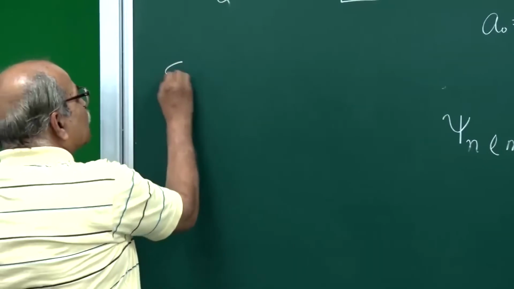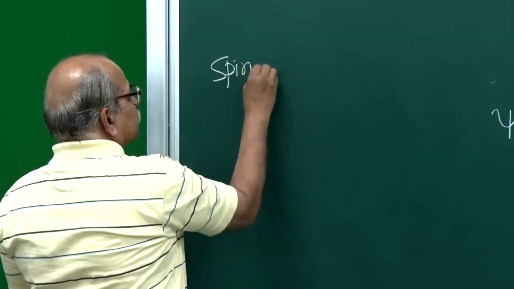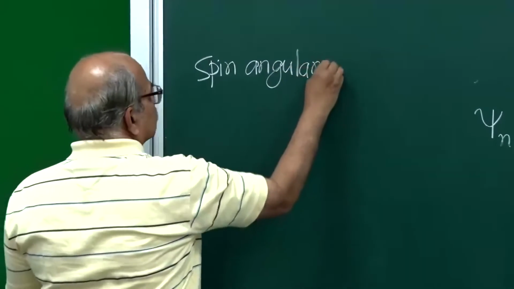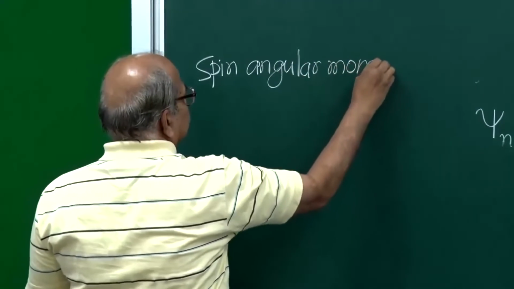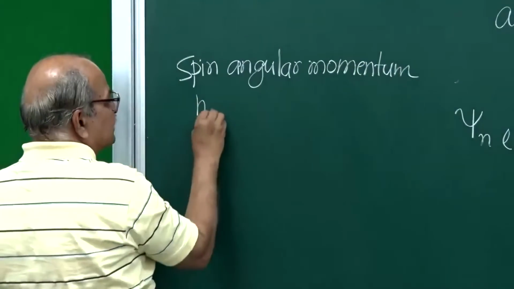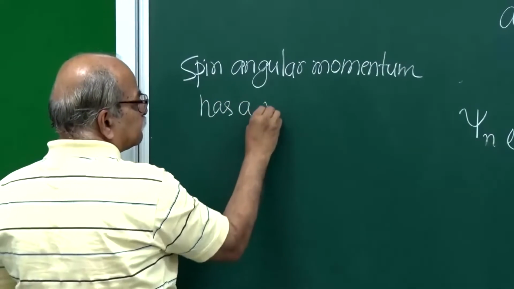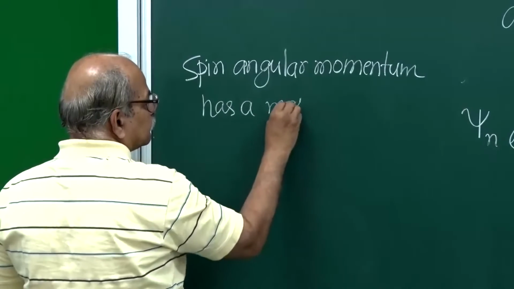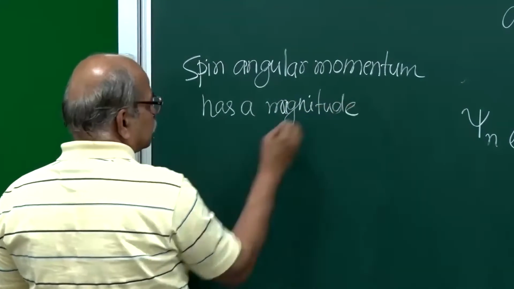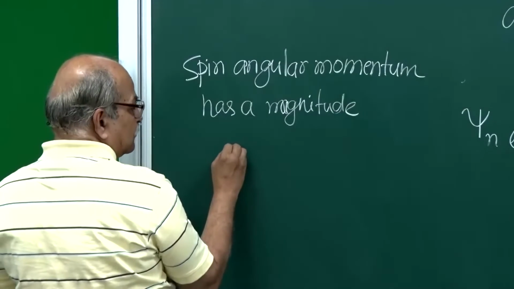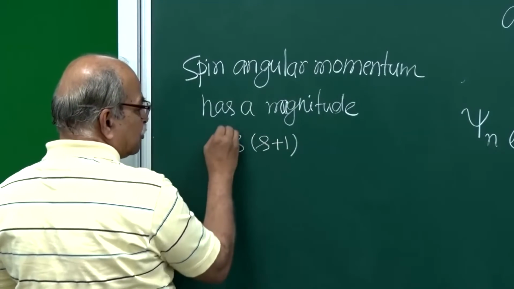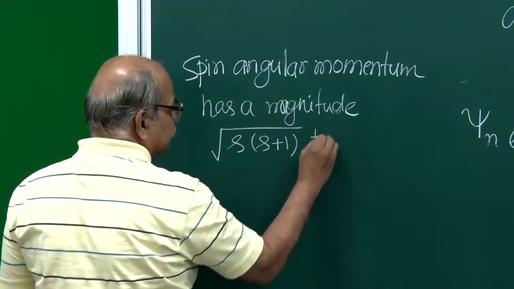This spin angular momentum has a magnitude which is square root of s into s plus 1 times h cross.